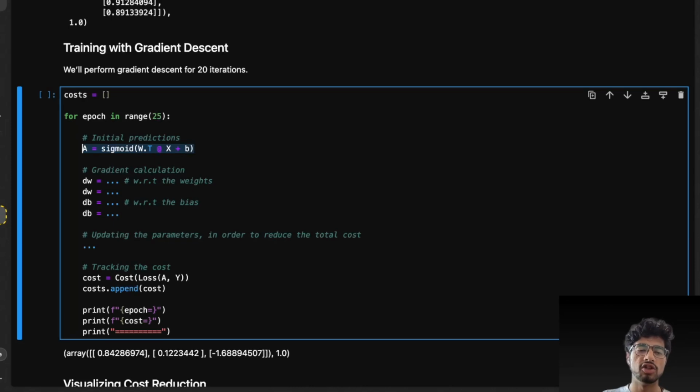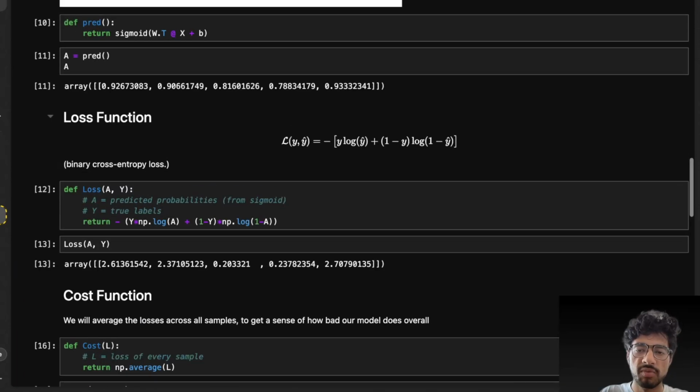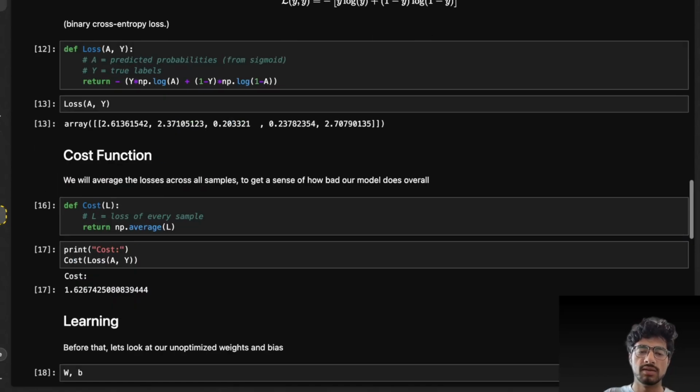First, we make the initial predictions, then we find the gradients with respect to our weights. Now, we basically want to find the derivative of the cost function with respect to the weight.